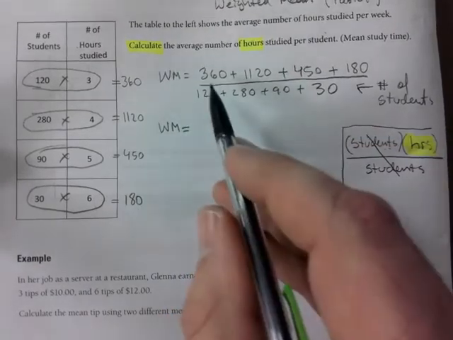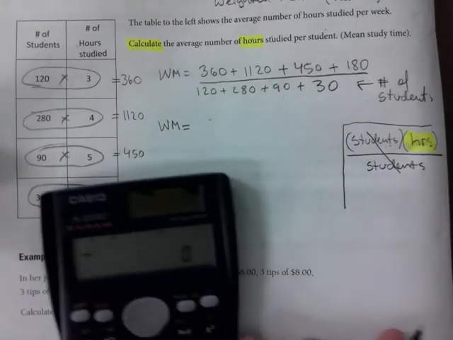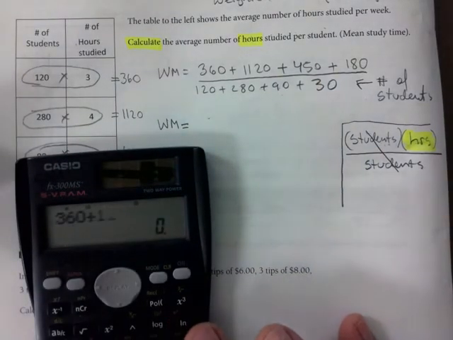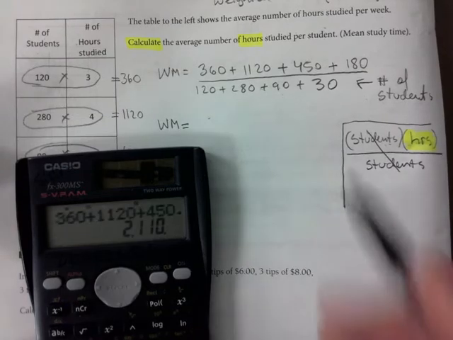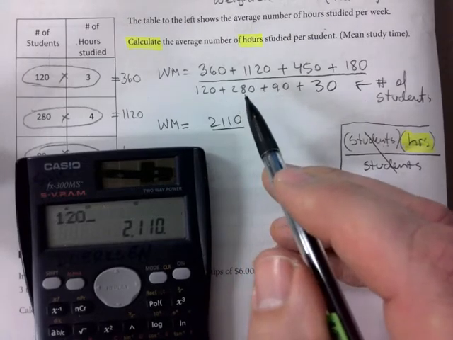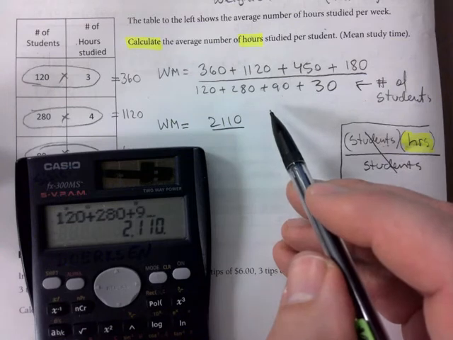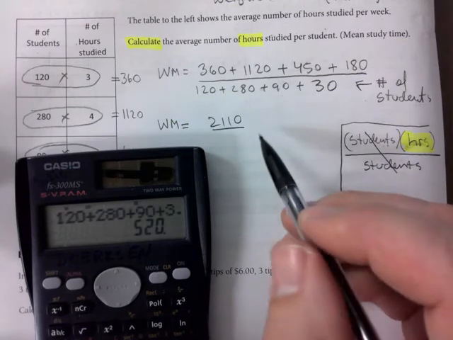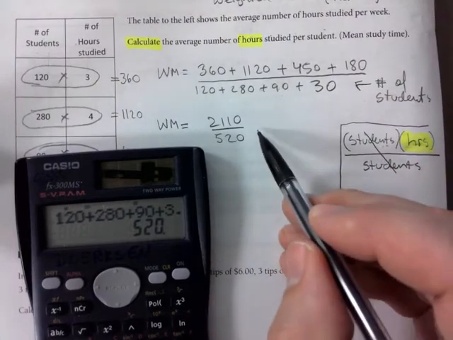So now you can type this in. I'm going to do that with you. So 360 plus 1120 plus 450 plus 180, that's 2110, divided by 120 plus 280 plus 90 plus 30. I get 520 students.